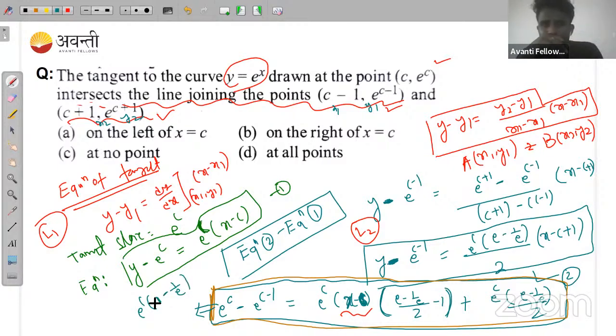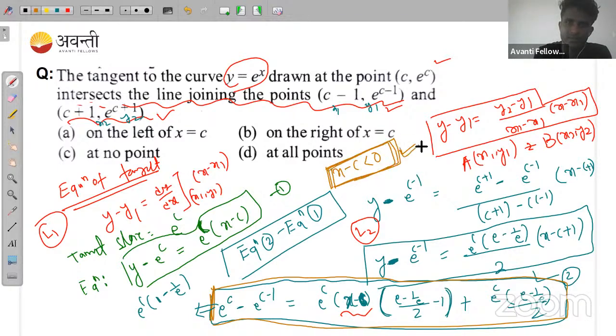If you take this as common, e to the power c is removed from everywhere. Look at whatever remains, and see where a negative is coming. Basically, if you see that x minus c will be negative, x minus c will be less than 0. Check it. Is it okay that x minus c is less than 0 here?